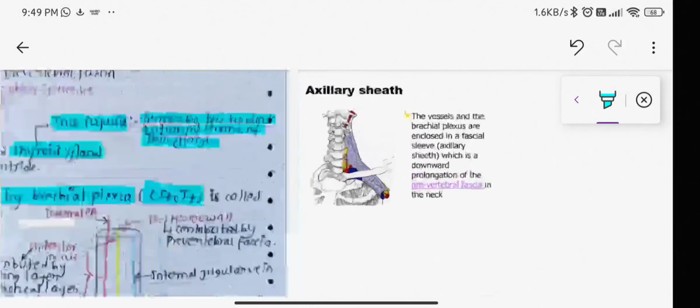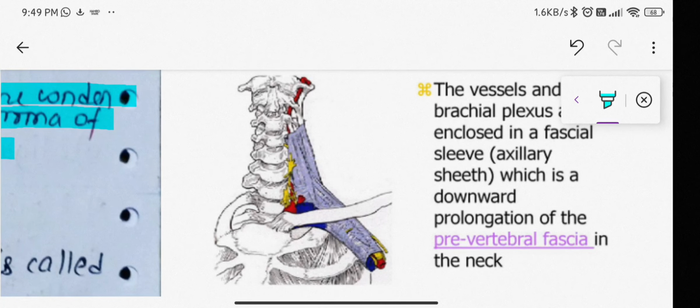We can see in this figure this prevertebral fascia extending down below the clavicle as the axillary sheath, and this axillary sheath contains the brachial plexus as well as axillary vessels.